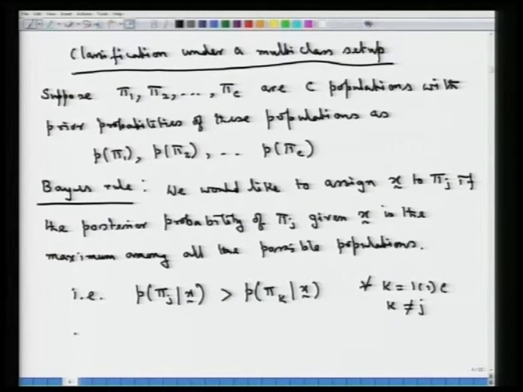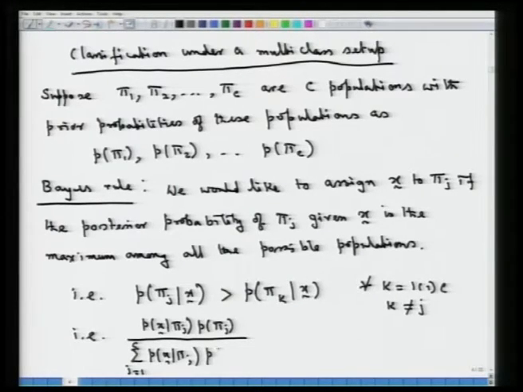Now, this can be written alternatively in the following form, using Bayes theorem. What we can write straight away is probability of x given pi j, multiplied by probability of pi j, divided by summation j equal to 1 up to c of p x given pi j, these are multivariate observations, multiplied by p pi j.